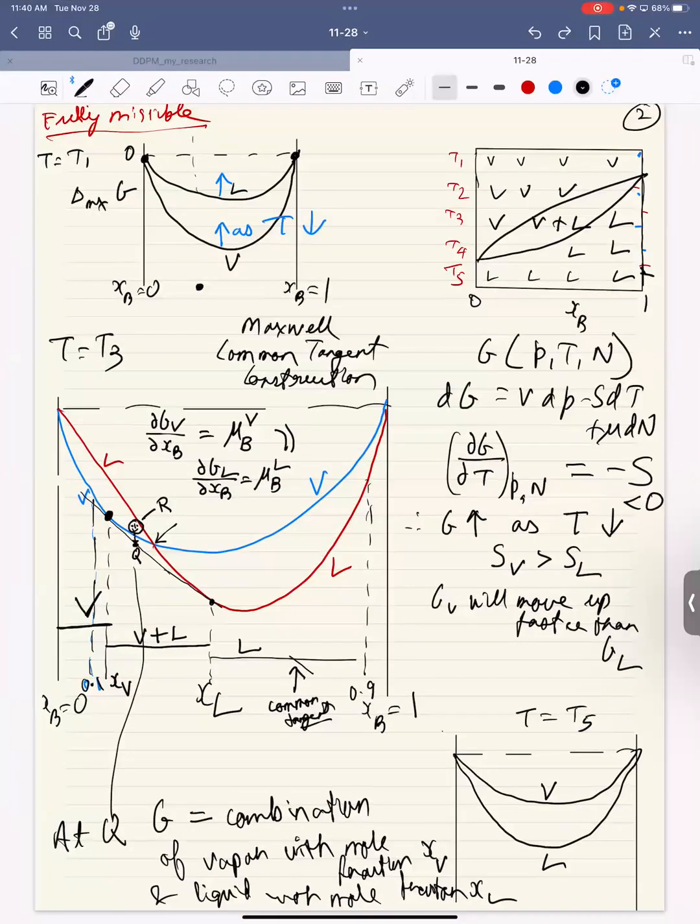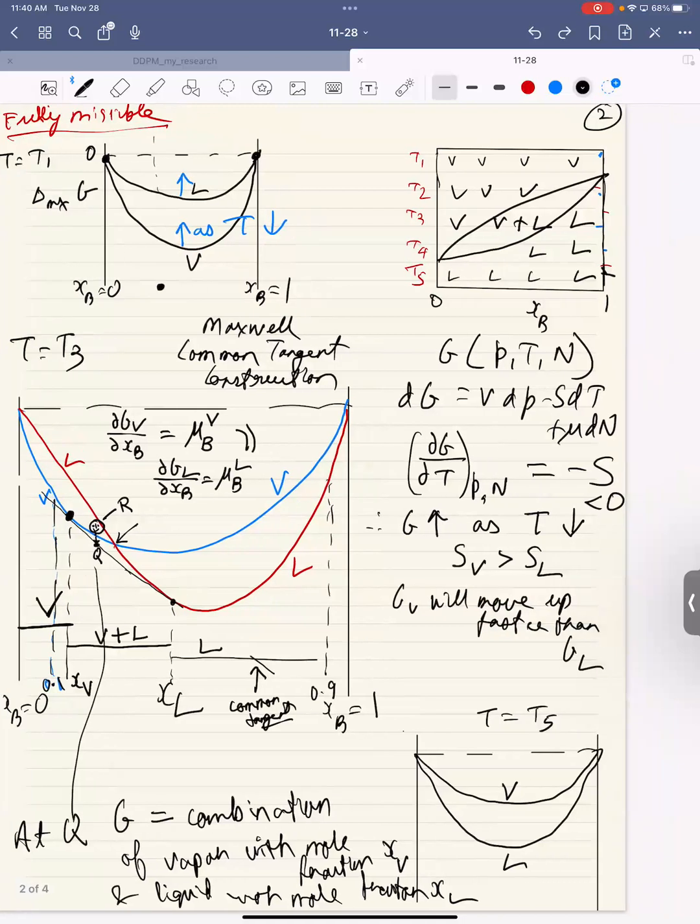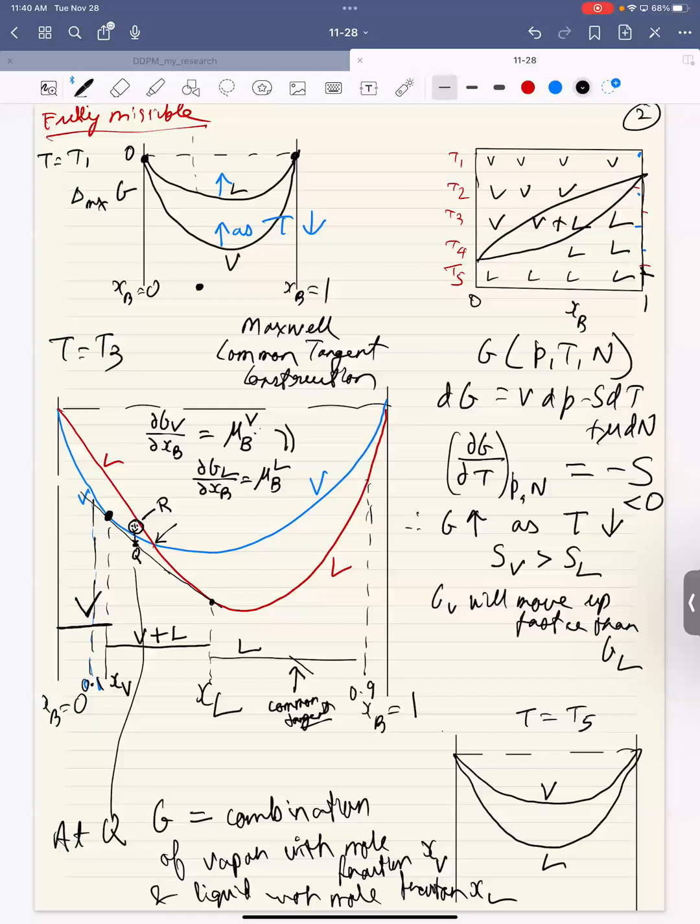This chemical potential here that depends on the phase, is this also an extensive quantity? Sure, I've been sloppy here. In principle, I should multiply it by the total number of atoms, n.